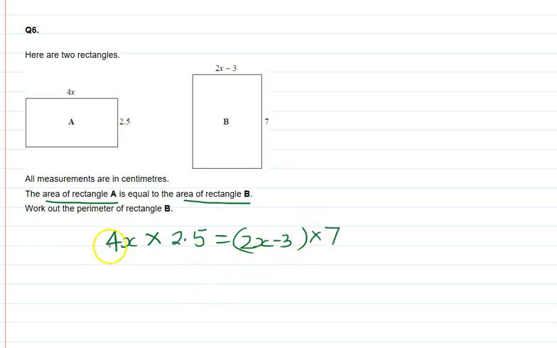When you multiply 4 times 2.5, it will be 10x. It will be 7 times 2 is 14x, and 7 times 3 is 21.